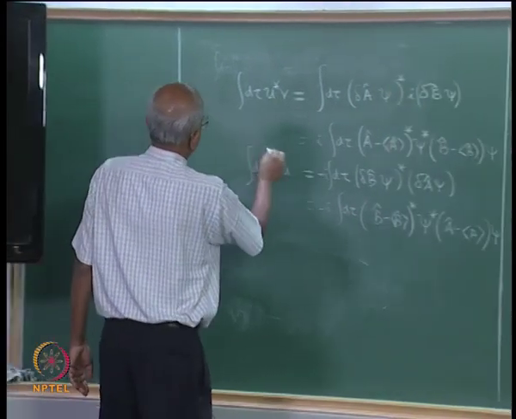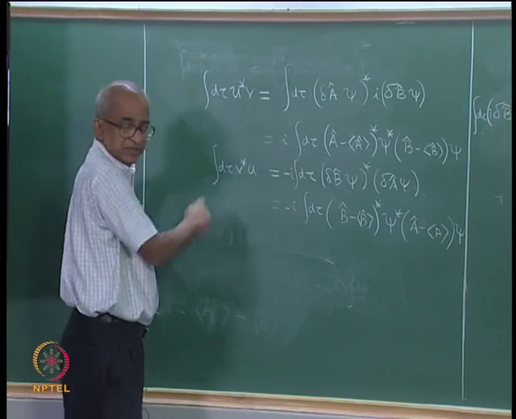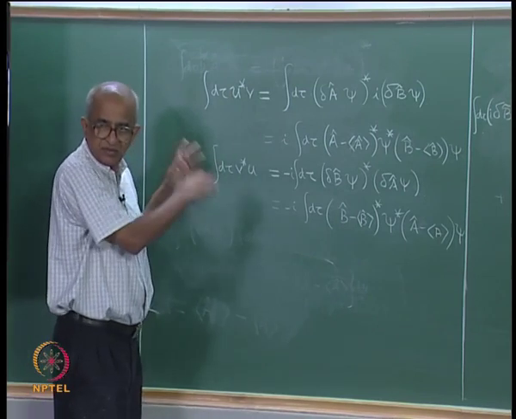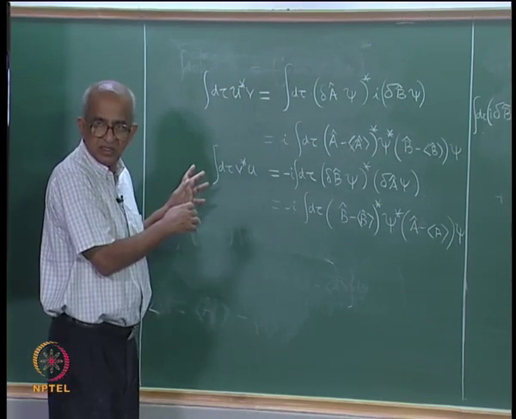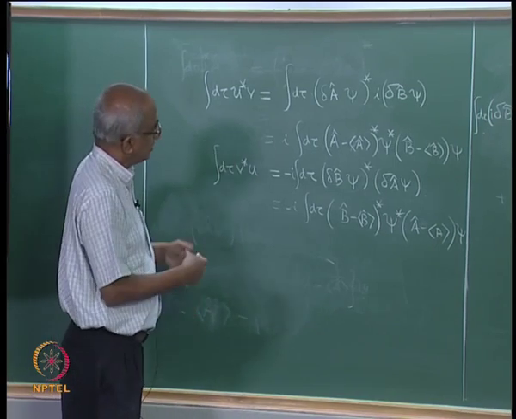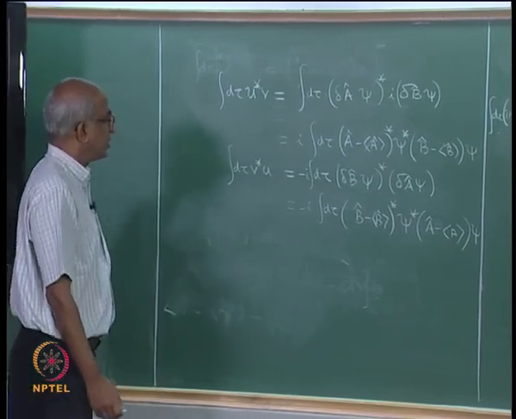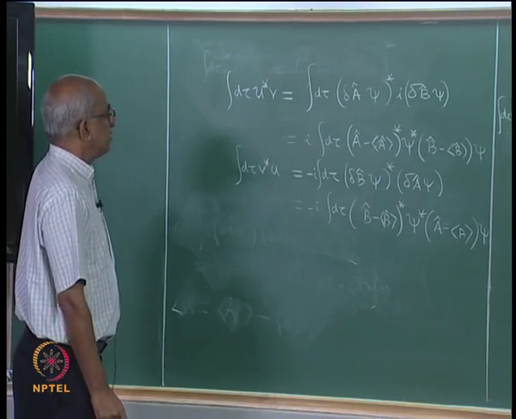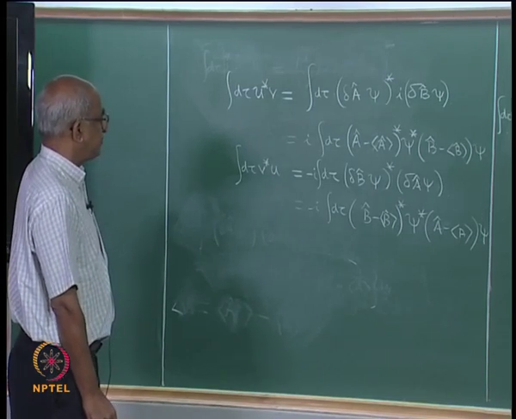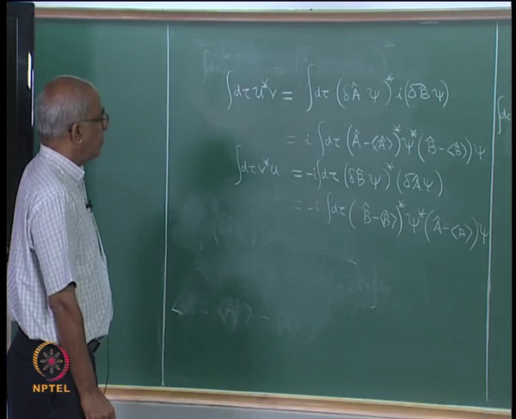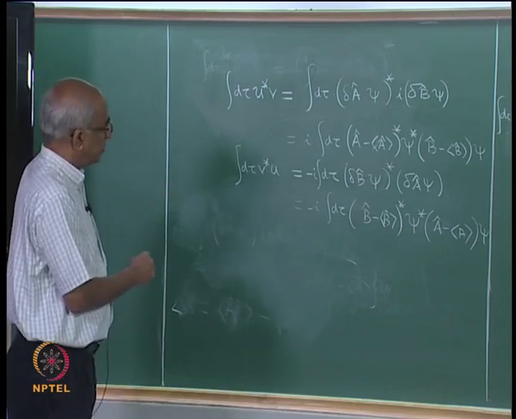And now what happens? You see, I have to add these two things up, correct? So if you added the two things up, what is the answer that I am going to get is the question. But before I add the two up, I want to do something more.